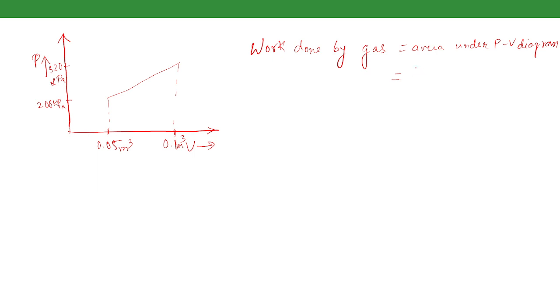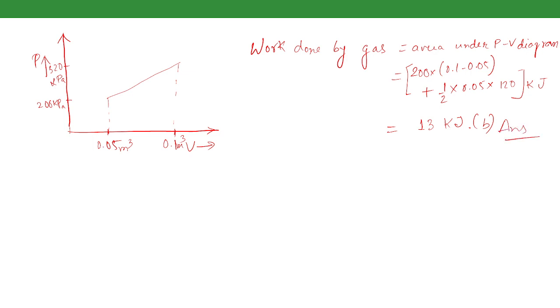The area of the rectangle will be 200 multiplied by 0.1 minus 0.05, plus the area of the triangle, which is half multiplied by the base 0.05 and the height of 120. This will come out as 13 kilojoule. So 13 kilojoule is the total work done by the gas.